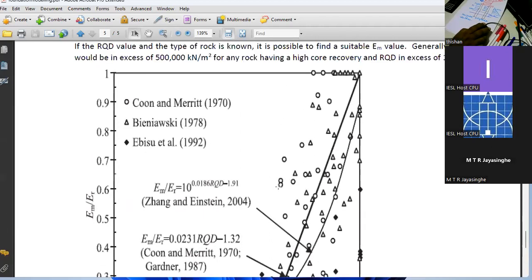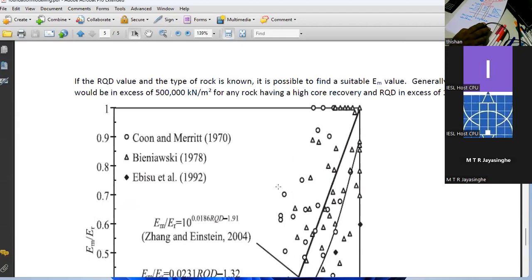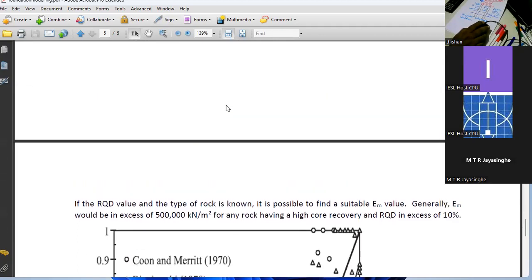Generally in the case of rock, these values are extremely high, maybe in the range of 300,000 to 500,000 kilonewtons per meter cubed or more. So basically in rock, the resistance to lateral deformation is extremely high. If you have anything in the rock, nothing to worry, it's not going to deform.